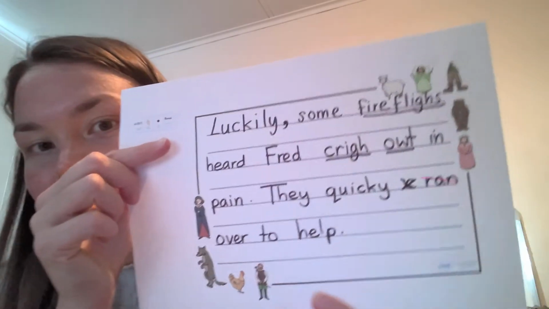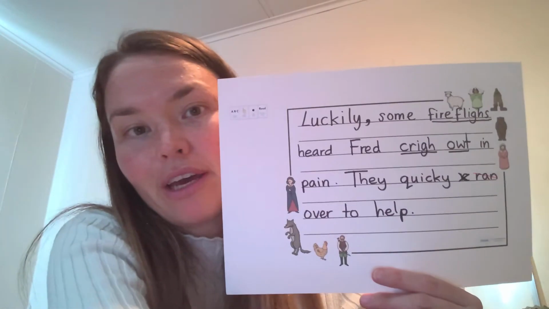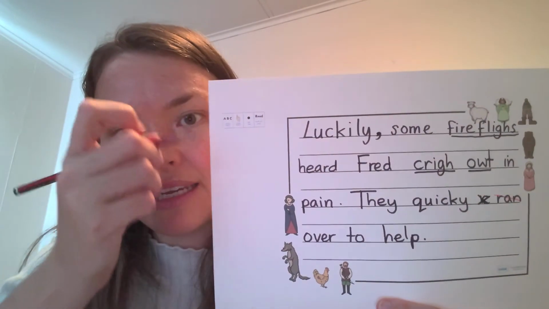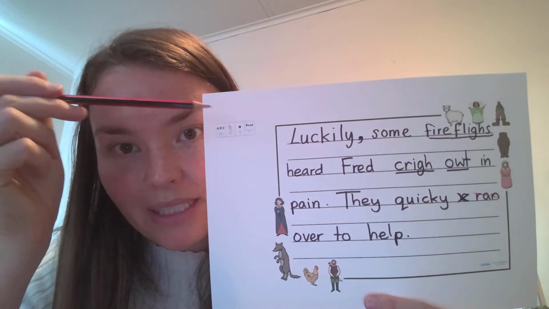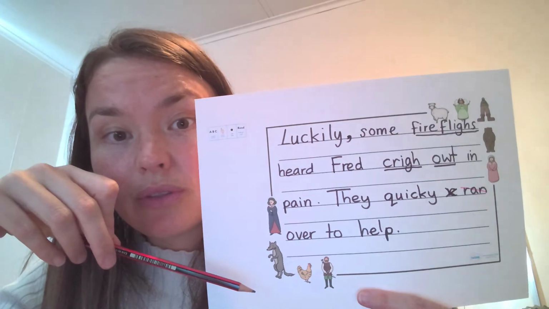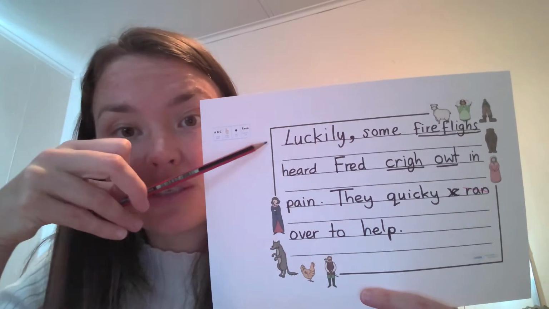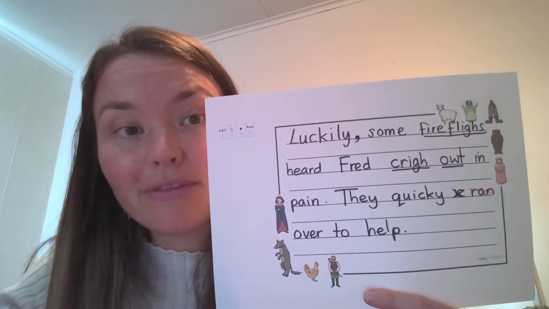And what I need to do now is tick off my checklist here. Have I used a capital letter? Tick, yes. Finger spaces, tick, yes. Full stops, I've actually used 2. So 2 full stops, and I've read my writing.